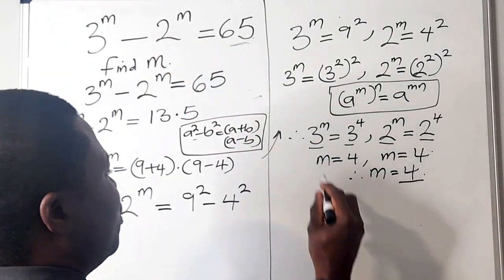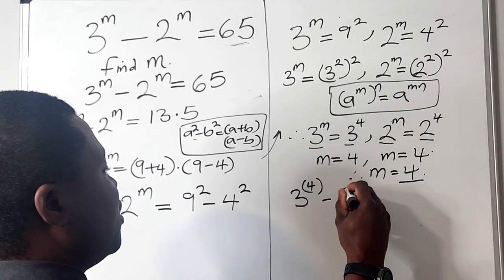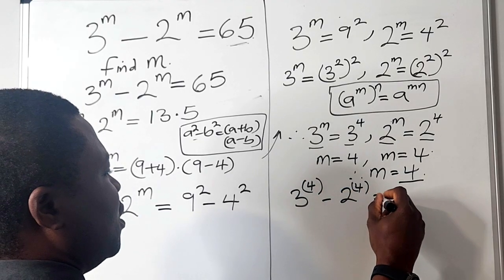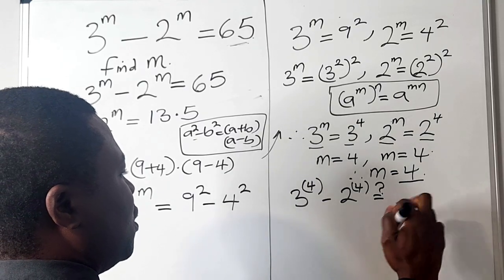Okay, so we have 3 raised to the power 4 minus 2 raised to the power 4. Is this equal to 65?